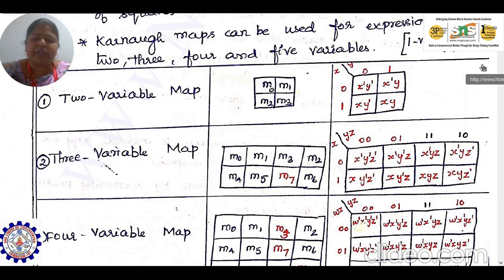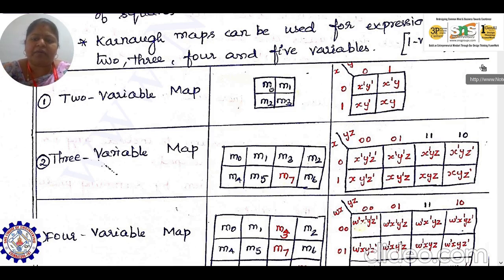So when x is 0 and y is 0 meet, we will take it as x dash and y dash. That is, we will take the complement of the given variable: the x variable is considered as x dash and the y variable as y dash. Whenever a 0 comes, we take the variable's complement. So in the first square box we will have x dash and y dash, and in the next square box we will have x dash and y, since the x value is 0 and the y value is 1.